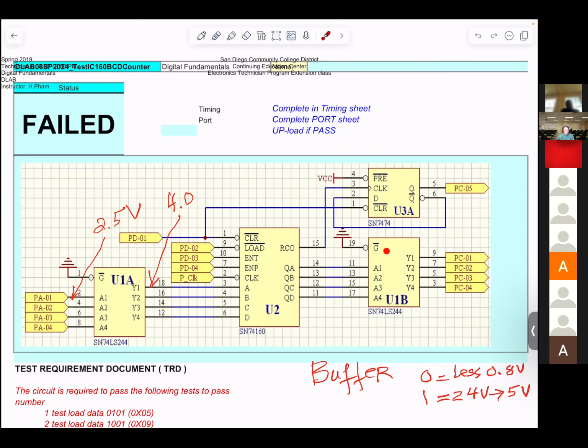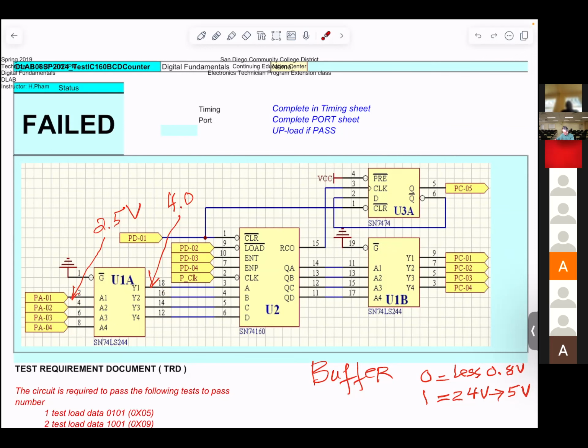That's what they're talking about: the control of the IC. Pin 1 controls 1A. Pin 19 controls 1B. For the output to equal the input, pin number 1 must be ground. Must be ground.